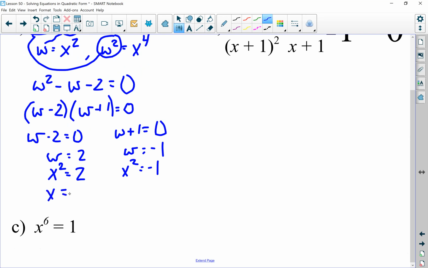How many solutions am I supposed to have for this fourth degree polynomial? 4, right? So when I take the square root, I have to remember that I get both positive and negative values there. So I get positive root 2 and negative root 2.